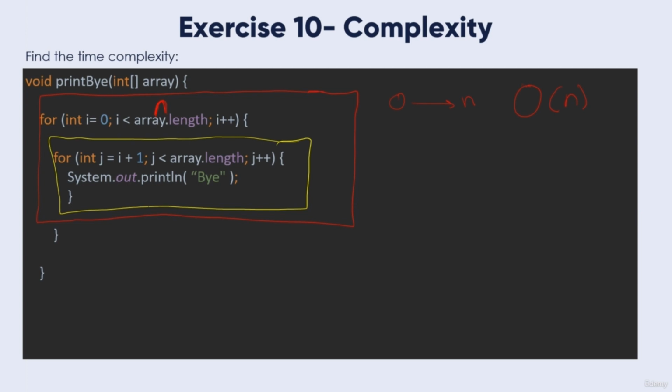There is a new pattern introduced here. So int j equal to i plus 1 and j less than n and j plus plus. So the inner loop in yellow would be from i plus 1 till n.